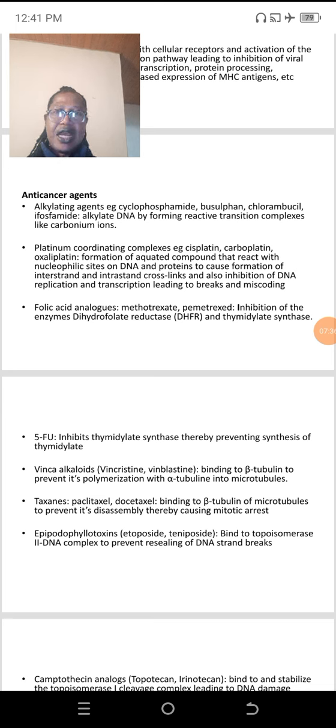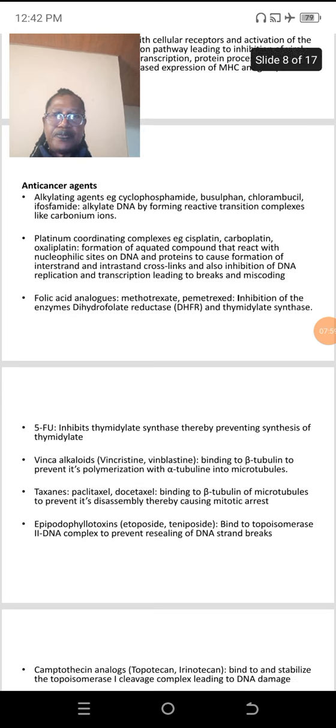The Vinca alkaloids, vincristine, vinblastine, act by binding to beta-tubulin to prevent its polymerization with alpha-tubulin into microtubules. The taxanes, paclitaxel and docetaxel, act by binding to beta-tubulin of microtubules to prevent its disassembly, thereby causing mitotic arrest.